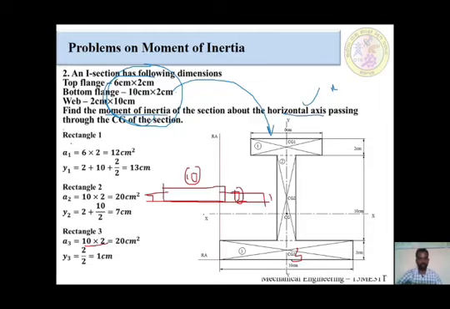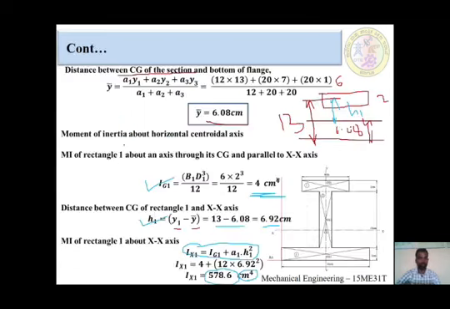After that, individually you have to calculate the values of A1, Y1, A2, Y2, A3, Y3. After calculating these, we have a formula for finding Y bar. Putting the A1 Y1 plus A2 Y2 plus A3 Y3 values in this formula, you will get the Y bar value as 6.08 centimeter. After finding this Y bar, we go with the moment of inertia about the horizontal axis.